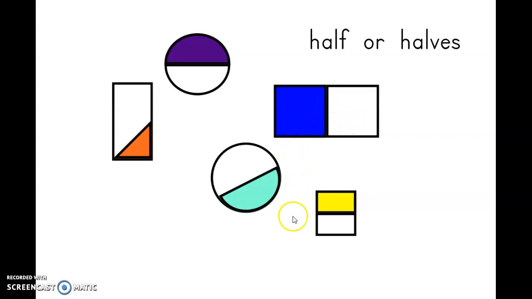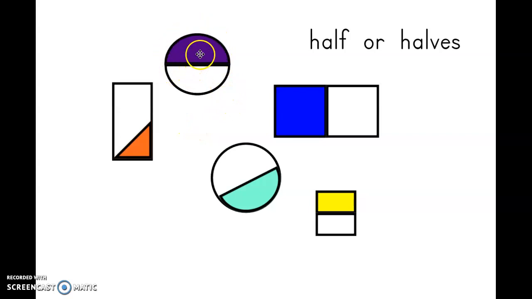Whenever you have a shape that is divided into two equal parts and one of those two parts is shaded, we can call that a half, or we could say dividing something into halves. So let's take a look at these shapes and see which ones are divided into halves, or have one half shaded.